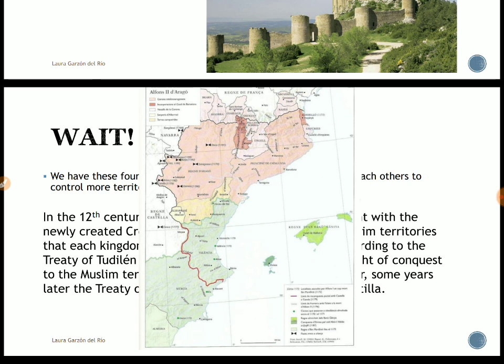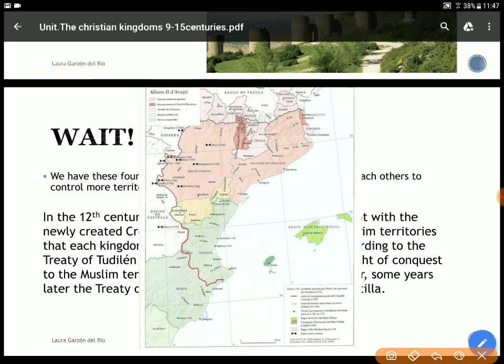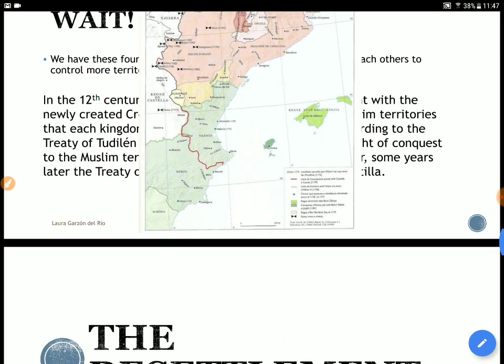However, some years later, they had to make another treaty called the Treaty of Cazorla that assigned Murcia to Castilla. So all this part, as you can see here, is going to be in hands of Aragon or Castilla, depending on their expansion. Obviously, both wanted to control the same parts.